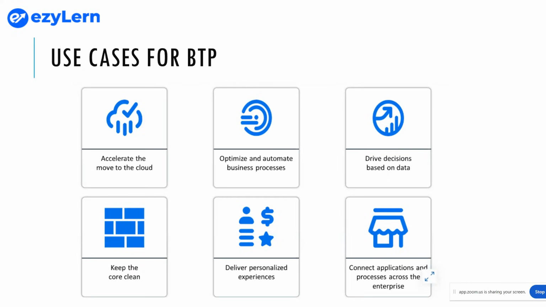And BTP offers tools and services which will help them to integrate, consolidate, and manage data from various sources, ensuring consistent, high quality, and accessible data. So, by using these tools, organizations can follow SAP BTP's principle to make informed business decisions.